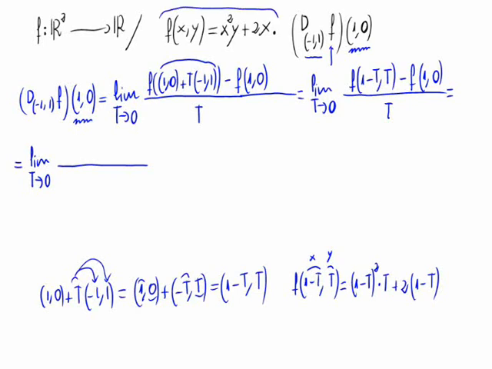Doing the square, the square of a subtraction would be the first element squared, 1, minus 2 times the first times the second element, minus 2t, plus the second element squared, t squared, everything times t, plus 2 minus 2t.